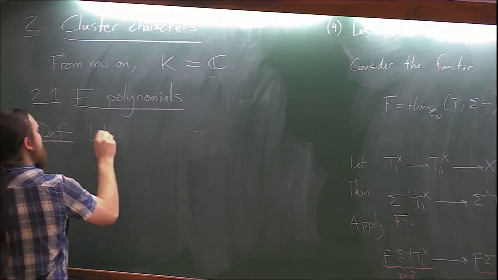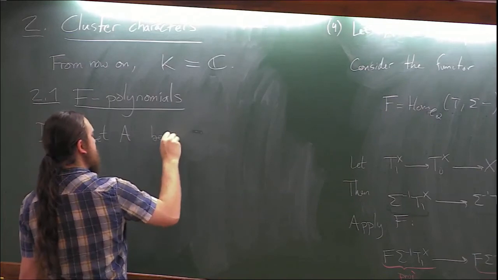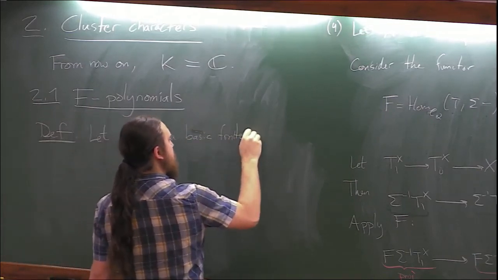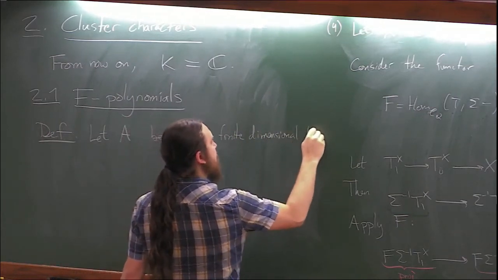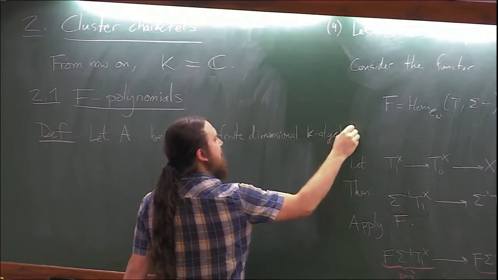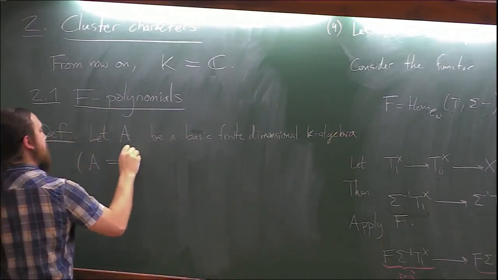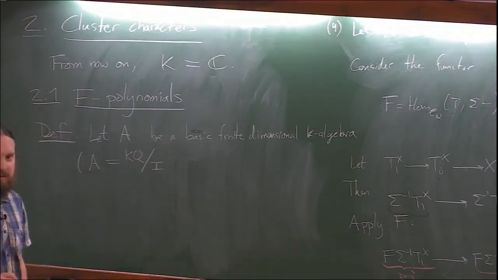So let A be a finite dimensional K-algebra. So this means in particular that A, I will always view it as the path algebra of some quiver modulo some ideal of relations.